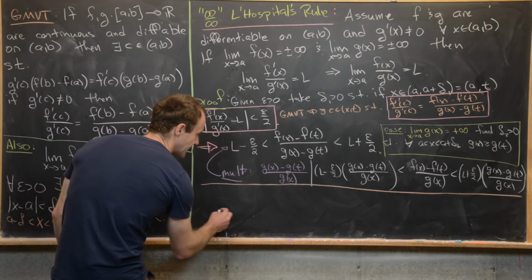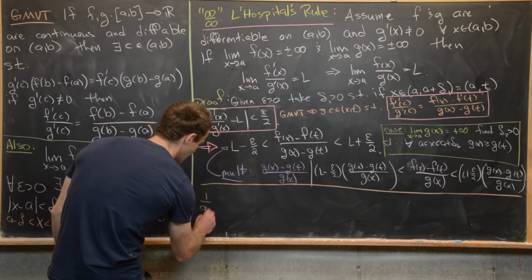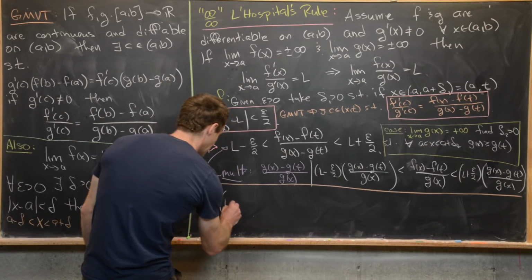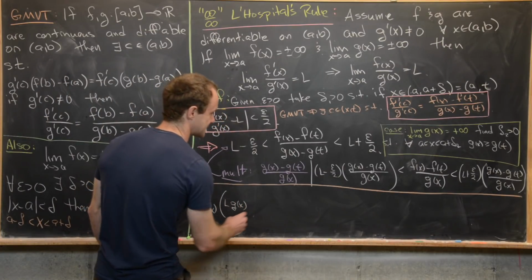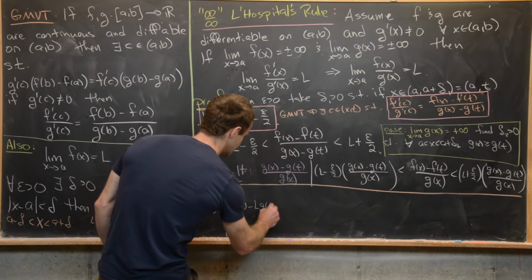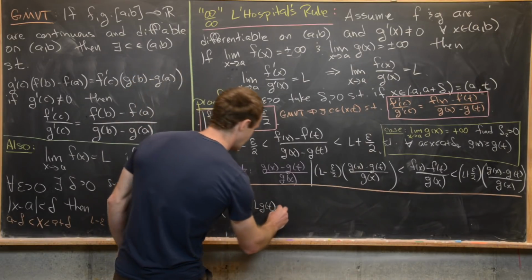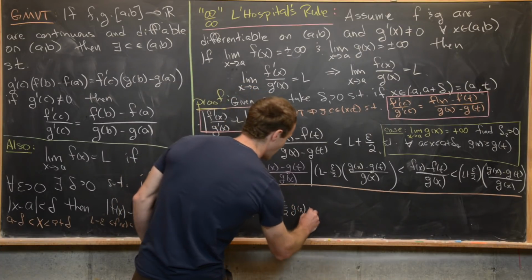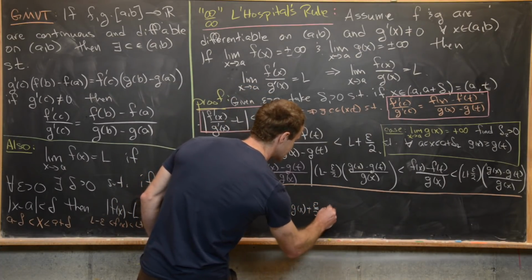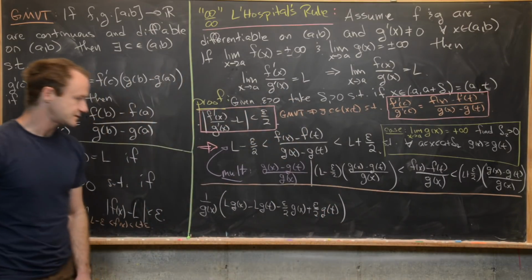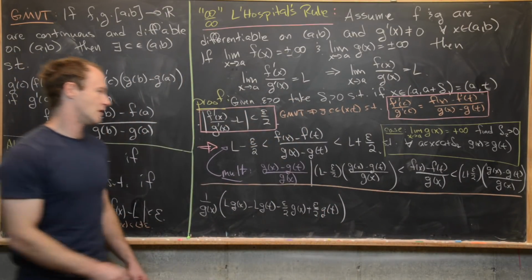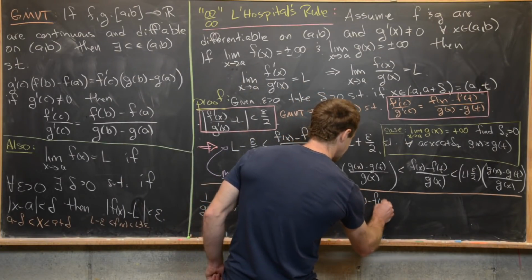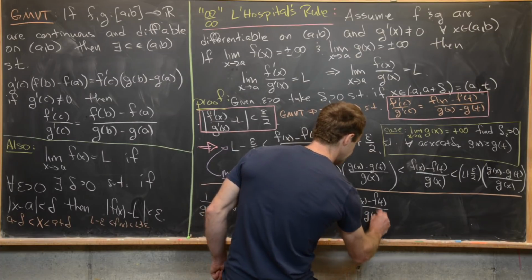So let's see what we get for the extreme left. So I'm going to bring this 1 over g of x kind of out front. And then we will have L times g of x minus L times g of t. And then next we'll have minus epsilon over 2 times g of x. And then plus epsilon over 2 times g of t. So that's what we get there. Okay, and then in the middle, we're going to have f of x minus f of t all over g of x.